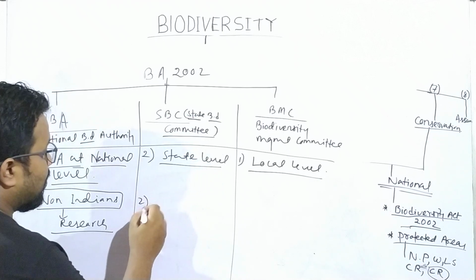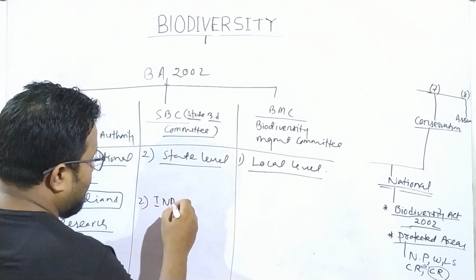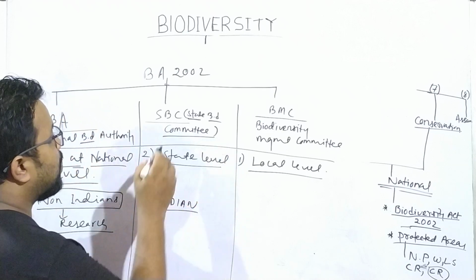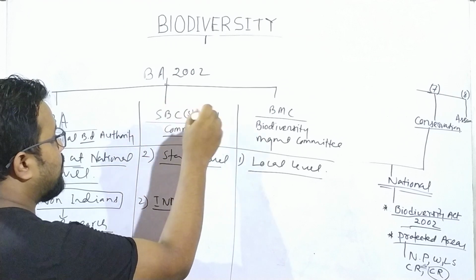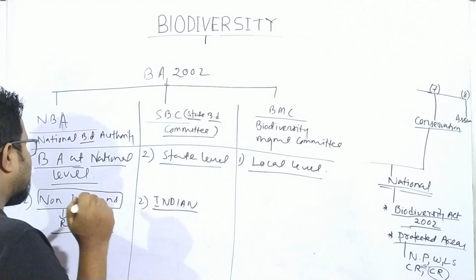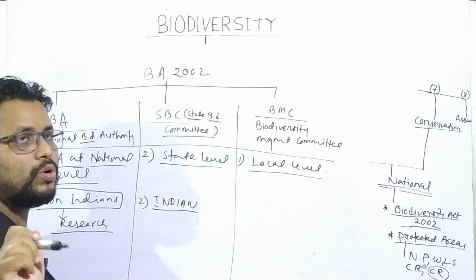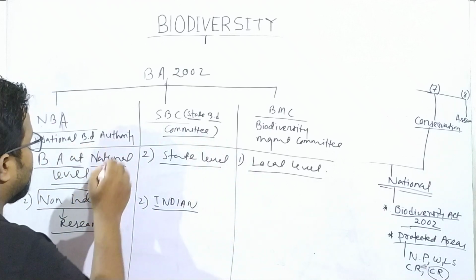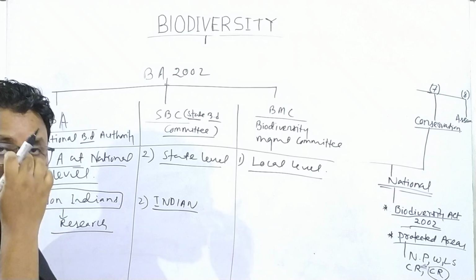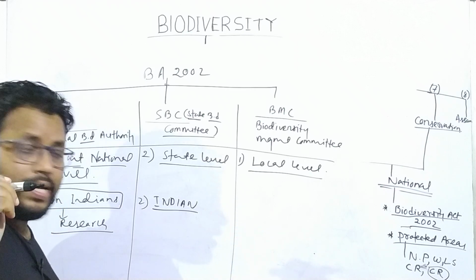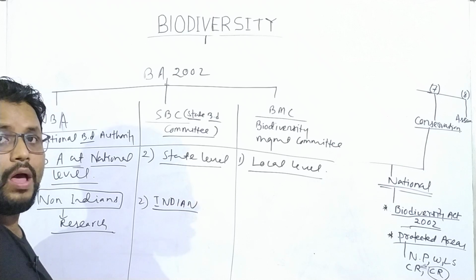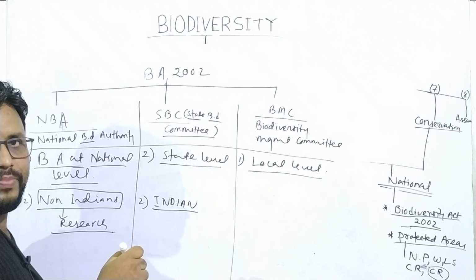If someone is Indian, he has to take prior permission from the State Biodiversity Committee. If he or she is a non-Indian, then he has to take permission from the National Biodiversity Authority in order to do research in Indian biodiversity.